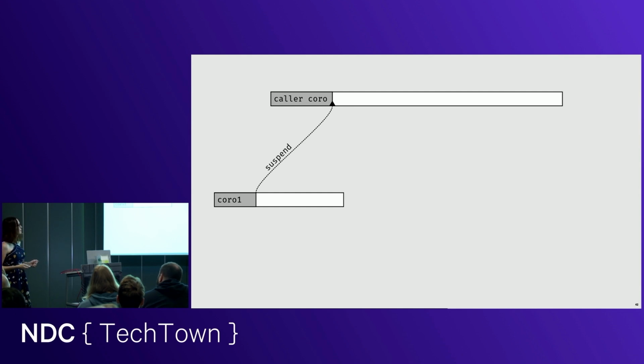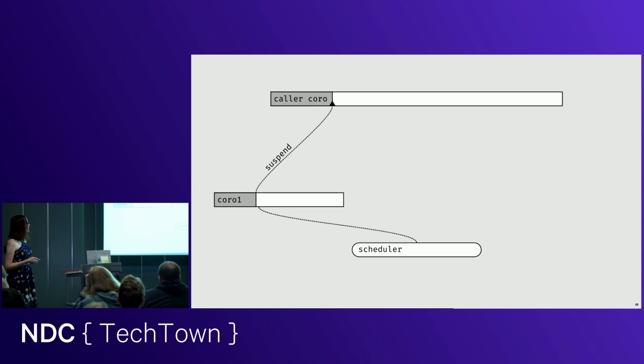So it will suspend, and the scheduler doesn't know what to do yet. So it will jump back to the caller, because the caller is not co-awaiting the result. The caller doesn't care about the result yet. And the scheduler will store the coroutine, so it's associated with it.